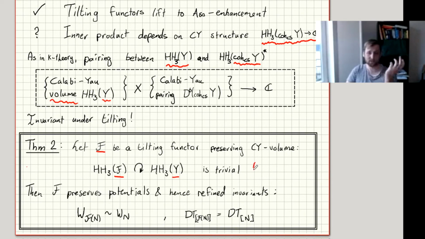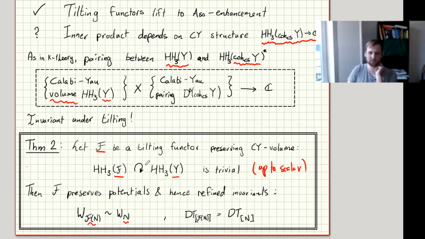So if that is trivial, or maybe up to a scalar, then this functor also preserves this inner product and therefore the potential that the A-infinity structure and this inner product define. So you get the same potentials for an object and its image under the functor.